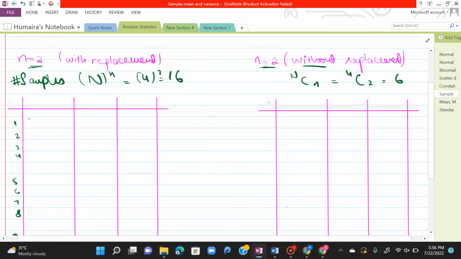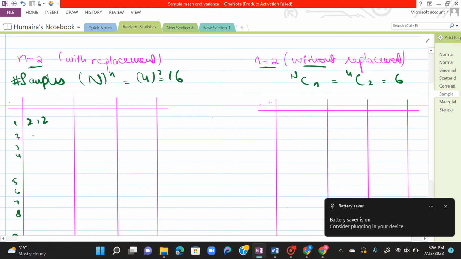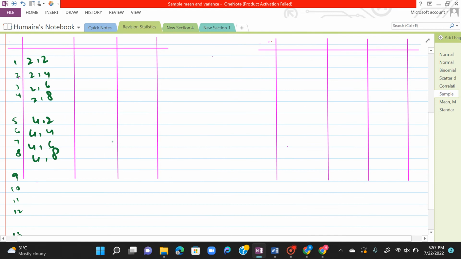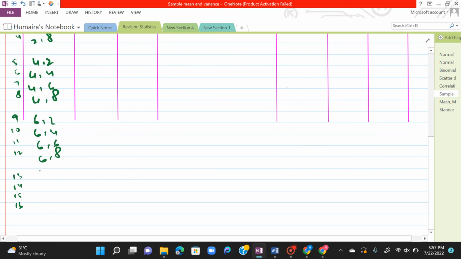So to make the samples of 2: 2 with 2, 2 with 4, 2 with 6, 2 with 8. Then 4 with 2, 4 with 4, 4 with 6, 4 with 8. Then 6 with 2, 6 with 4, 6 with 6, 6 with 8, and lastly 8 with 2, 8 with 4, 8 with 6, 8 with 8.